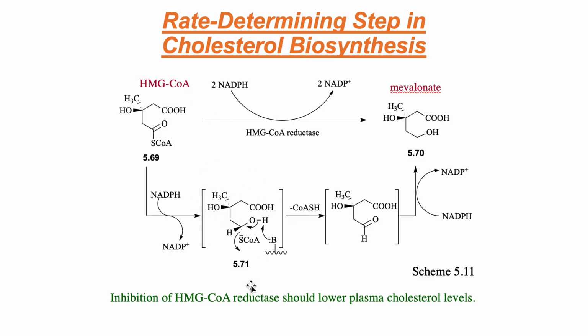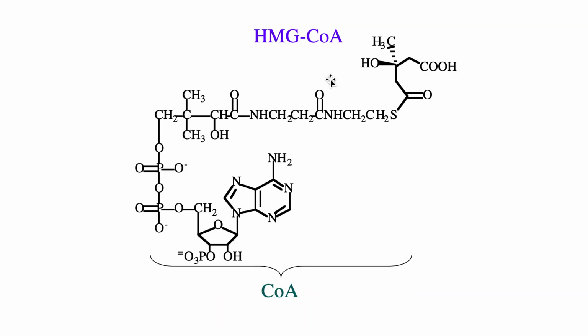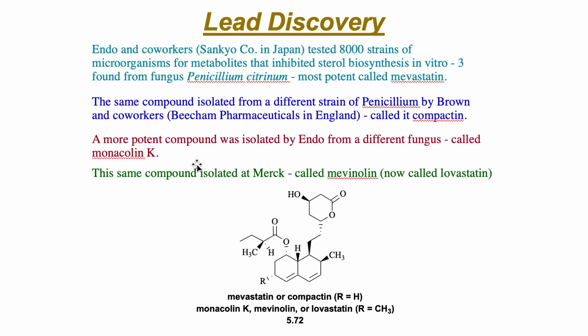But what they're able to do is take something that looks like this transition state here and make an inhibitor. HMG-CoA is connected to this coenzyme A, which you just talked about from pantothenic acid. And we have that HMG group. So what we're going to do is find some transition state inhibitor.